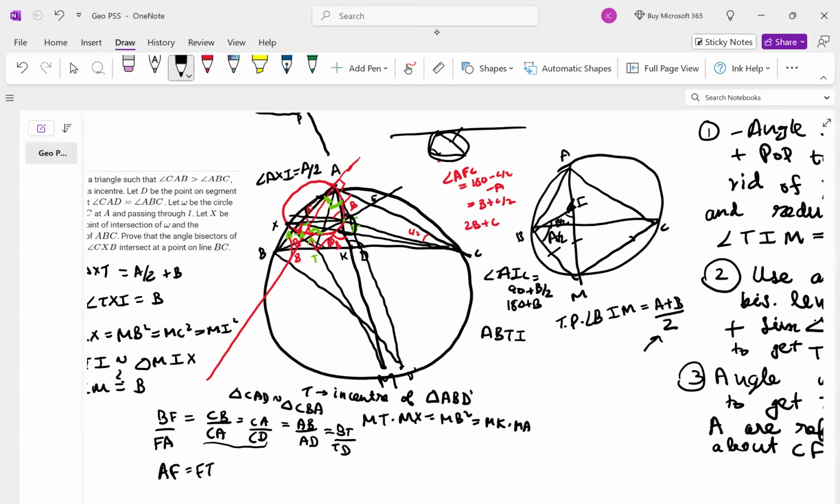So yeah, we reduced it to showing TI is tangent to the circle through S and B, which is equivalent to ABTI cyclic. We know ABT is just angle B. We know AIF is 180 minus AIC, which is 90 minus B by 2.